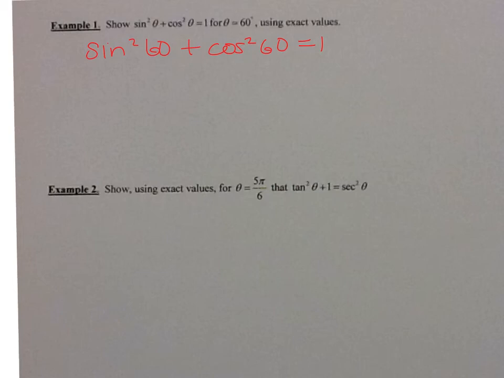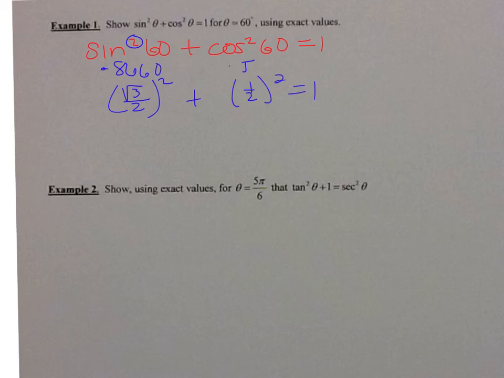So the first thing you want to do is plug in sine 60. Sine 60 is 0.8660, and that is the square root of 3 over 2. And then we have to square that because it says to square it. Plus, plug in cosine 60, which is 0.5. That's 1/2 squared equals 1.